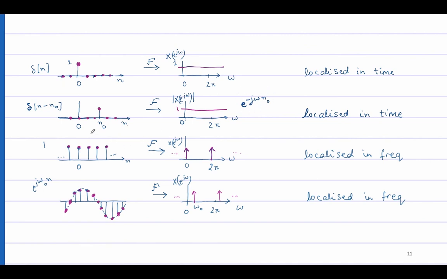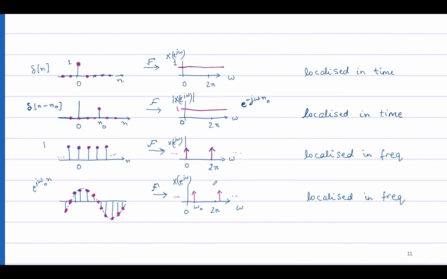Let's consider another example. This one is highly non-localized in time, right? It is constant over all the time instants. And what we find in the frequency domain is that it is highly localized in frequency. Similarly here for e to the power j omega naught n, which is a pure sinusoid, it is highly non-localized in time. On the other hand, the Fourier transform is highly localized in frequency.